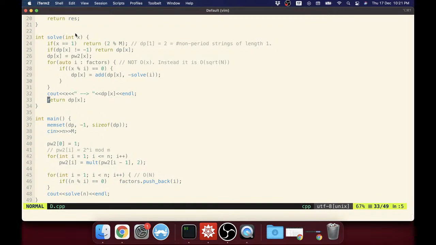When we are calculating x being 3, dp[3], you iterate over i, which is factors. If x is a factor of this, then you subtract this. So you should get something, right? That's cool, at the very least.